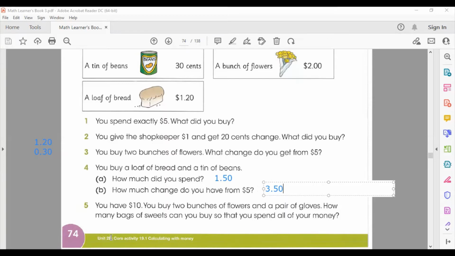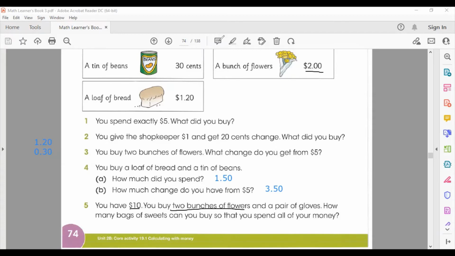You have $10. You buy 2 bunches of flour. A bunch of flour is $2, so 2 bunches of flour is $4. And 2 bunches of flour and a pair of gloves.